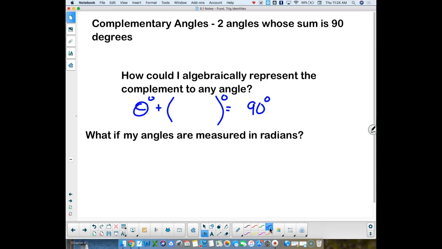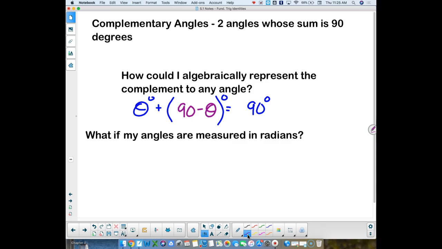If the two angles add up to be 90 degrees, and one of them is x, what's the other one? Say it loud. 90 minus x. So in this case, it would be 90 minus theta. Okay. So my two complementary angles are theta and 90 minus theta.